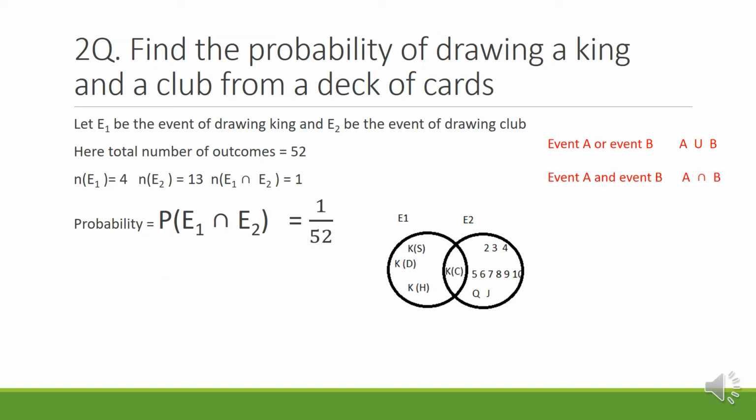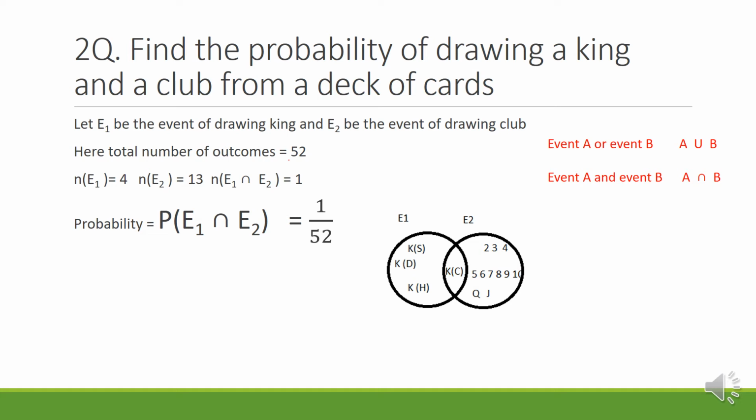Here, find the probability of drawing a king and a club from a deck of cards. Let us assume that E1 is the event of drawing a king and E2 is the event of drawing a club. We know a deck of cards consists of 52 cards, so the total number of outcomes will be 52.